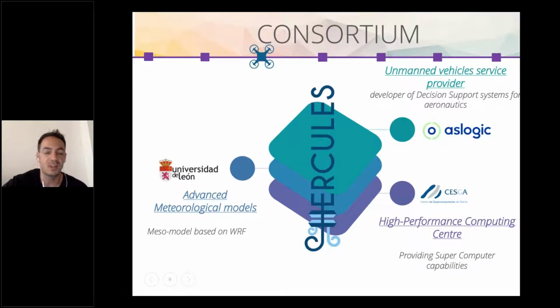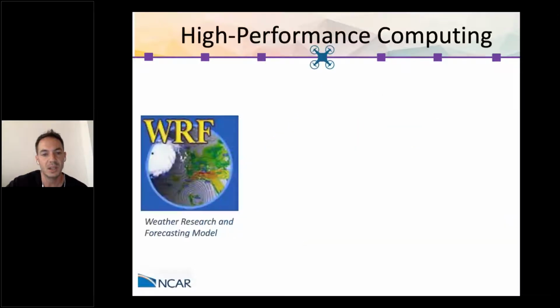We need some help, so that's why we have our colleagues from the University of León providing advanced methodological models, and for sure we need to run those models, so we have in the consortium our colleagues from TESGA, who provide the knowledge and capabilities to run this model in a supercomputer in the high performance computing center that they have in Spain.